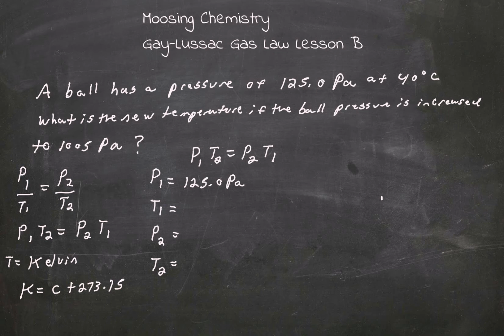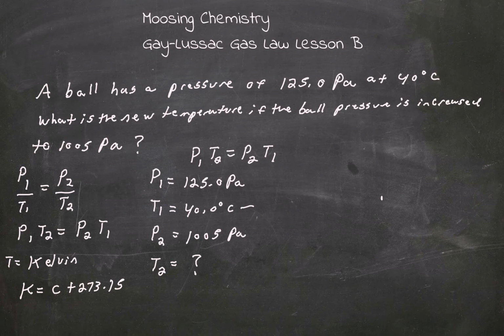Our first temperature was 40 degrees Celsius. And we're at 1,005 pascals this time. And we want to know what the new temperature is going to be. Well, before we can do anything, hold the fort. We've got to convert Celsius into Kelvin.